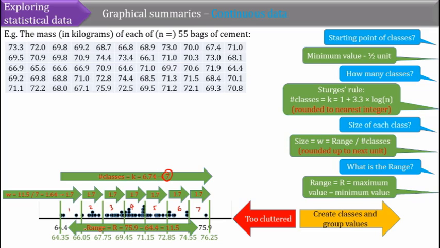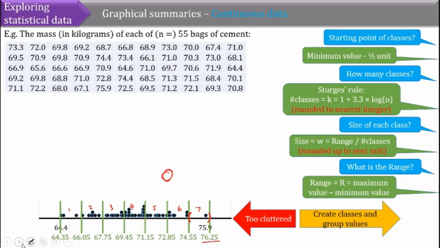Now you'll see the last one over here is 76.25. The largest value in the data set is 75.9. So that means that this last class ends slightly above the largest value. This last class starts below the largest value, so it means that we don't have empty classes because the last class does in fact contain a value.